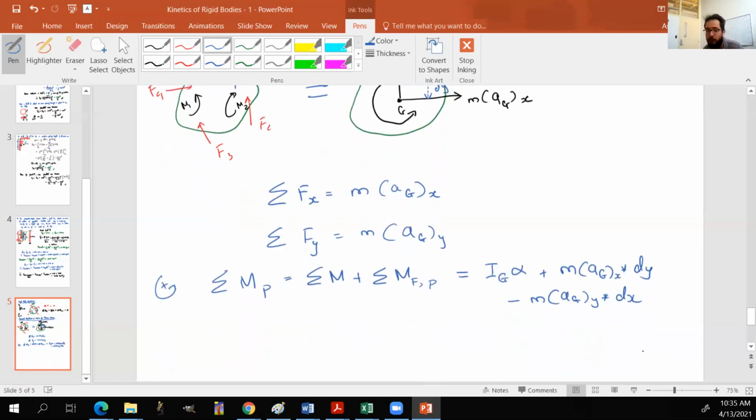So these are your resultant equations of motion about the point for your body, right? You have two translational equations and you get one moment equation about the point. But you can make your life potentially easy if you write the moment equation about your mass center.